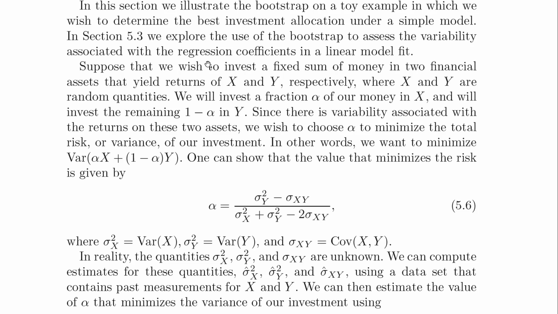In other words, what do we want to minimize? So it's our total investment that yields returns of X and Y. So what is X? I think X is just the return, right, that we're going to make.